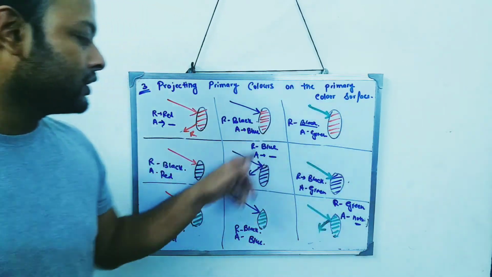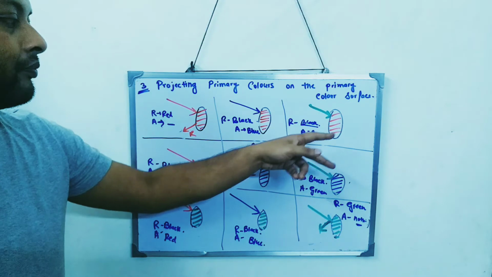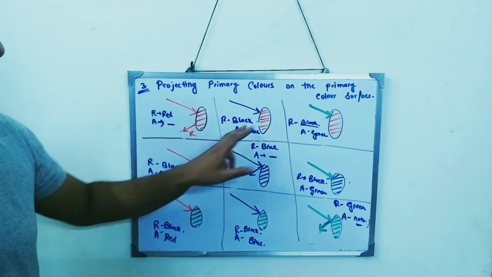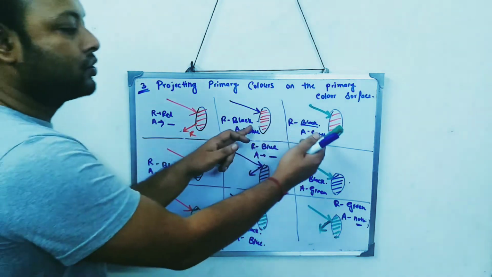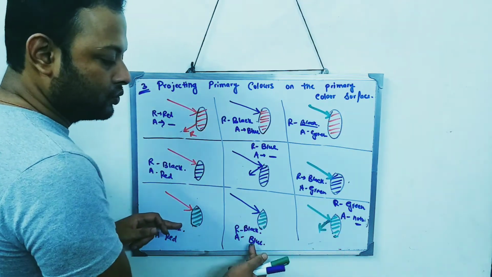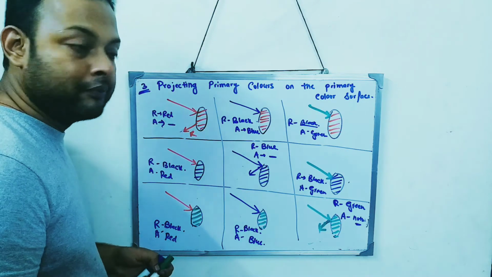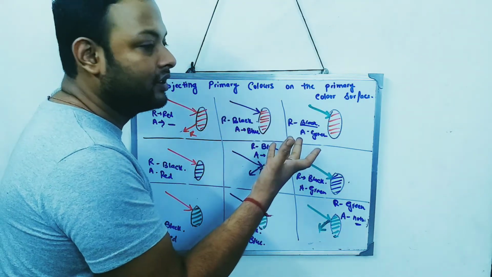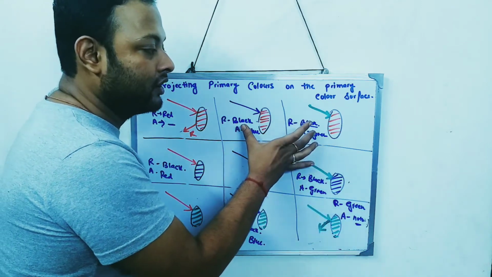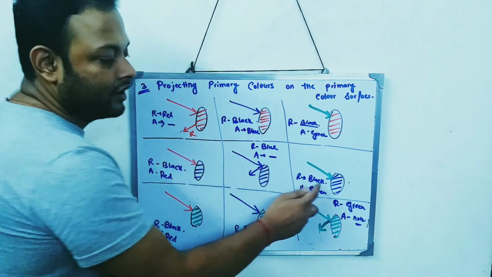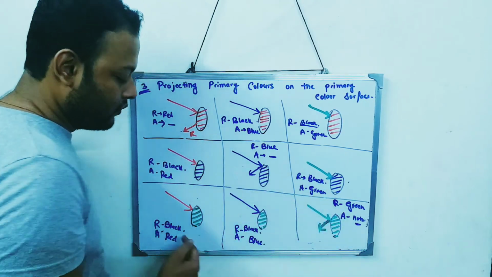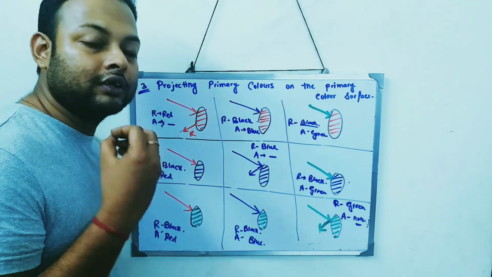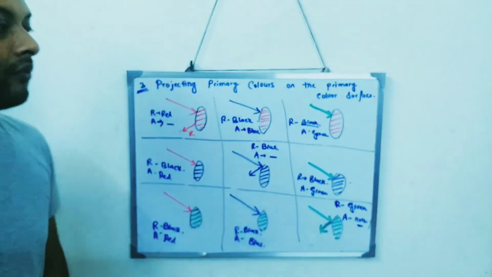In the other 6 situations, these two, these two, and these two, all will appear black in color because they are reflecting nothing. Over here and here, reflecting nothing, black. Over here and here, reflecting nothing, so black. So I hope you understood the third concept of this part.